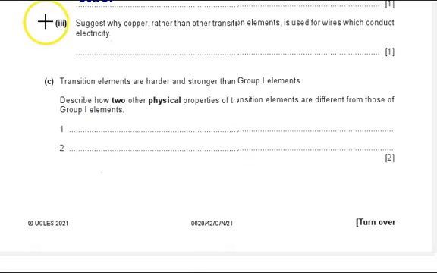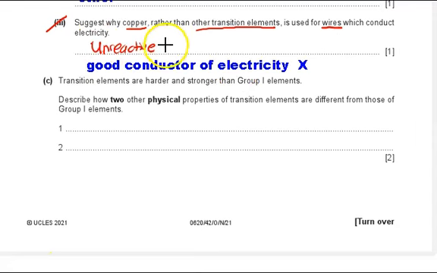For the next question, suggest why copper rather than the other transition elements is used for wires which conduct electricity. So we can choose to answer unreactive. This is correct. And make sure you do not answer good conductor of electricity.